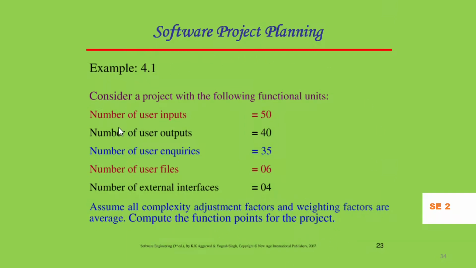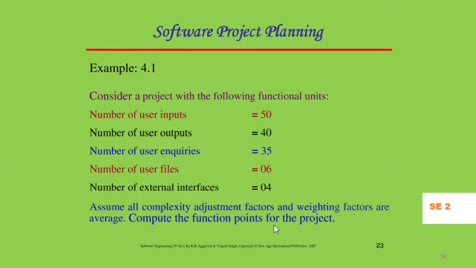So, considering ito, isang project ito, yung project na to, merong mga ganyang value. Yung input niya daw ay 50, and yung user output niya is 40. When a project is designed, ito yung possible na maging value niya.